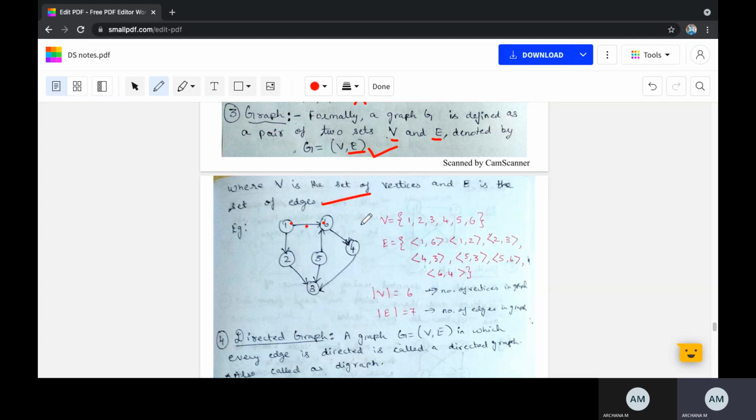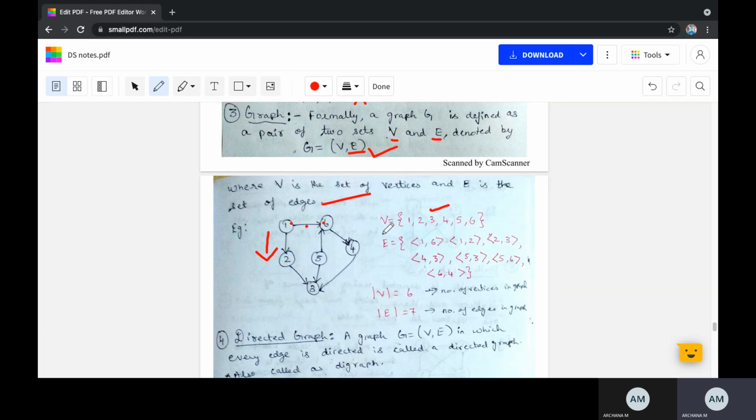For example, we will take one example: 1, 6, 2, 5, 4, 3. There is a connection between all these vertices, and it is a direct connection. Look here, there are certain arrow marks, so these edges are directed. This graph is a directed graph. Now we have to write V. How many vertices are there? 1, 2, 3, 4, 5, 6.